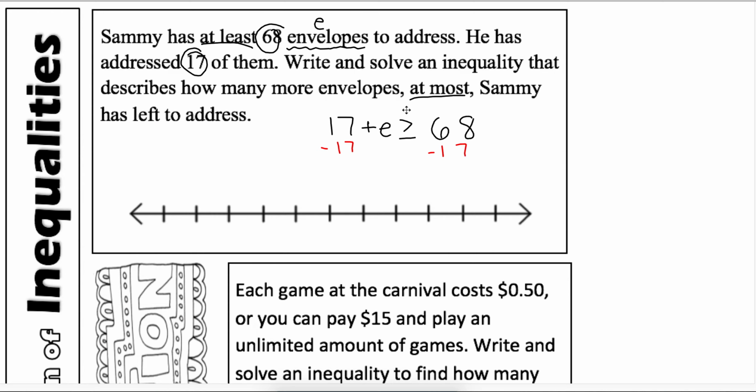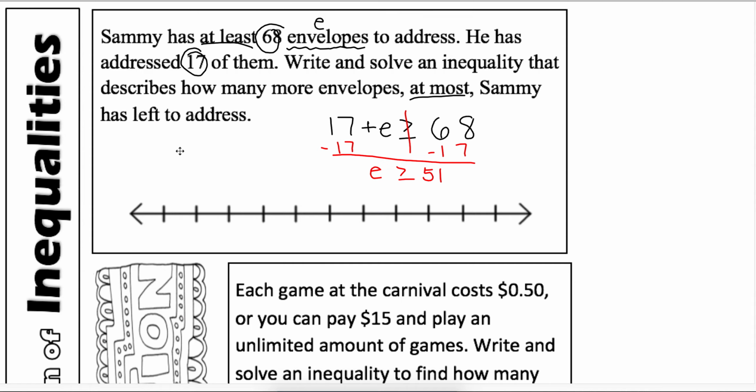We're going to take it away. And we're left with E is greater than or equal to 68 minus 17, that's 51. So at most, at least, at most he can make 51 envelopes.